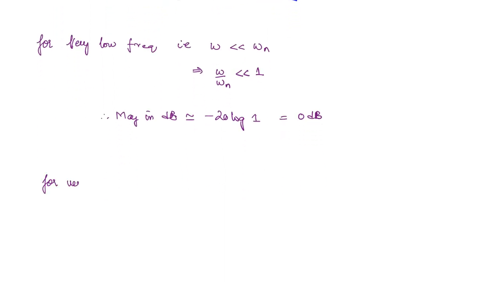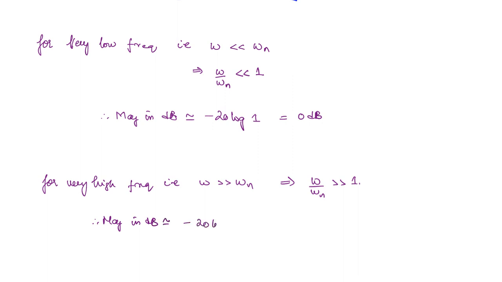Then what about the case of high frequency? For very high frequency, that is omega is much greater than omega n. So in this case what will happen? Omega by omega n will be much greater than 1. So then the magnitude in dB you can approximate as minus 20 log root over omega square by omega n whole square plus 4 zeta square omega square by omega n square.